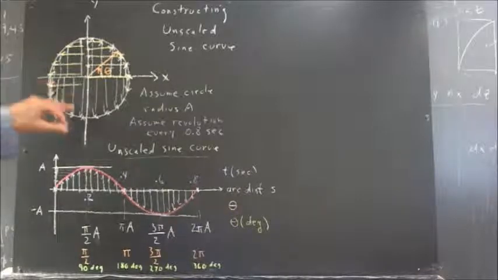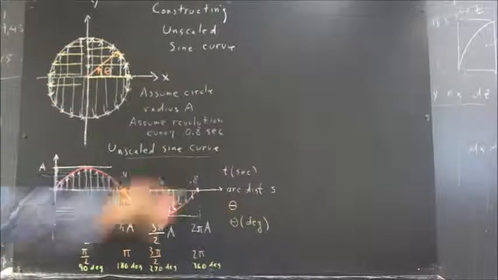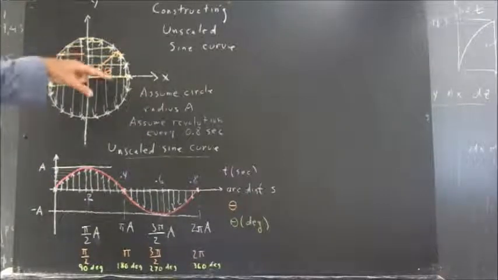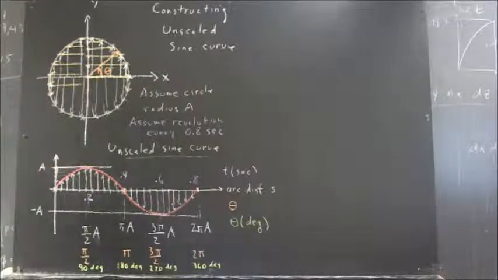To create a graph, I can do something very similar to what I did here, except of course that on the vertical axis I'll be plotting the lengths of the vectors, so these vectors are going to turn around and go vertical, so that I still have a plot of whatever is represented here versus, let's say, time, if we're trying to model the back and forth motion of a pendulum.